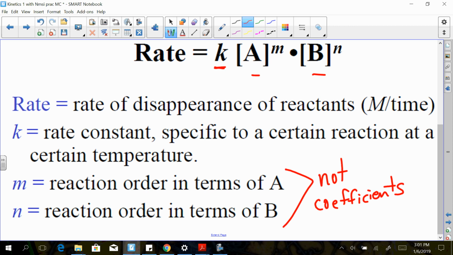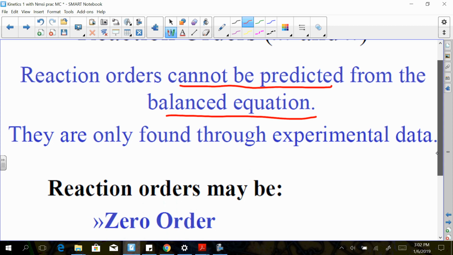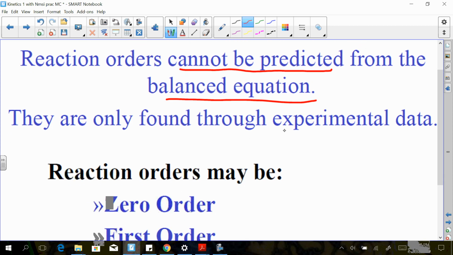In terms of the reaction, you have to determine the reaction order, and it has to be determined from experimental data. You cannot just look at the coefficients. So let's talk about that a little bit. Like I said, you cannot predict it from the balanced equation. It cannot be predicted. You have to find it through an experiment.